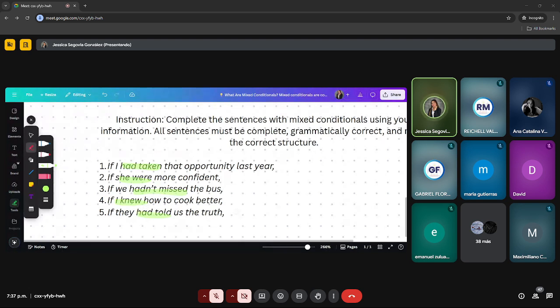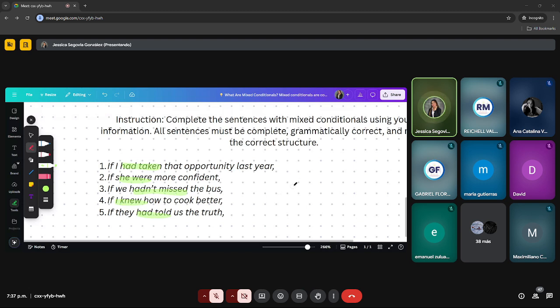I'm going to give you until, let's see, do you think 8 minutes are enough? Okay, until 7:45 to work out these examples. I will ask you a couple of minutes before 7:45 if you are ready. If all of you are ready, we can continue without waiting longer.